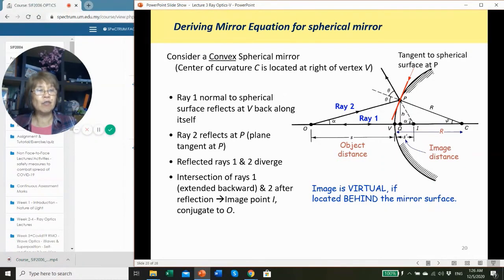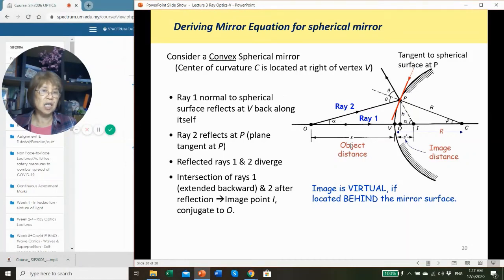It forms an angle alpha prime here, and point P is at a height h above the optical axis. This normal line here forms an angle phi, and V to C is R, the radius of curvature.